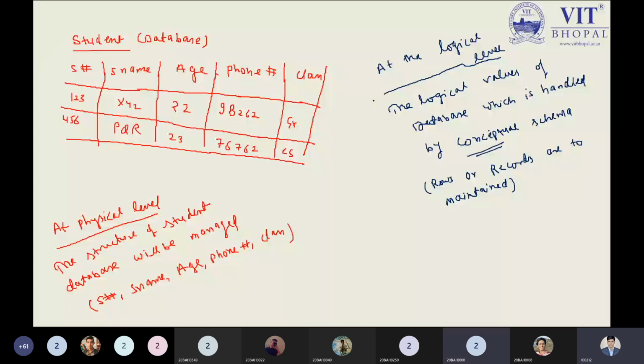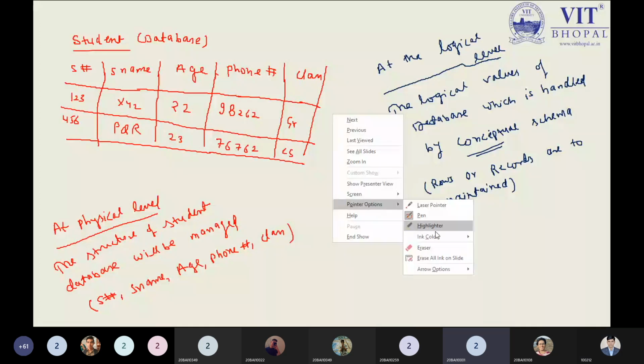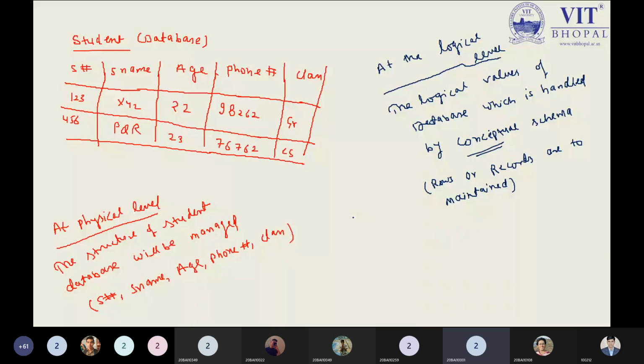So at the physical level, the data of the database is being stored in the disk, and at the logical level, we are relating the data in the physical level with each other, so that it forms a row or a record. Yes, of course. And that's why at the logical level we have a term, metadata.